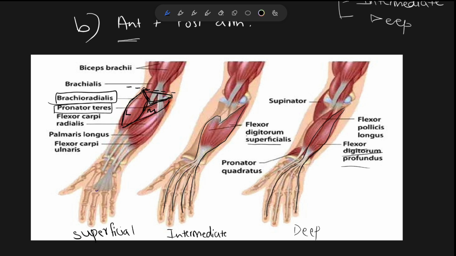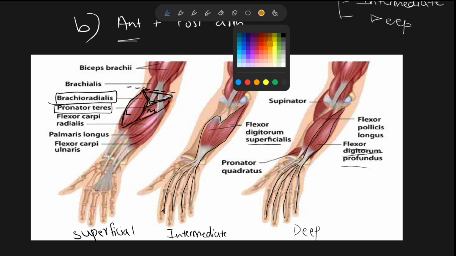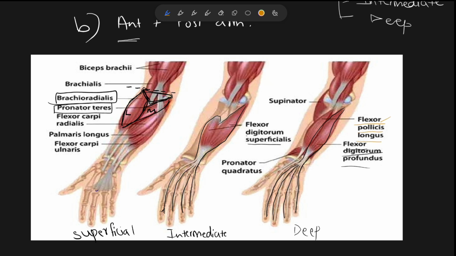It will come and stop here, but it will go to all the distal phalanges of our hand. Now the second muscle is flexor pollicis longus. Flexor means the anterior compartment, flexion muscle. Pollicis means thumb. Longus, longest muscle. It is coming here and it will attach to the thumb. Okay, this is the flexor pollicis longus.